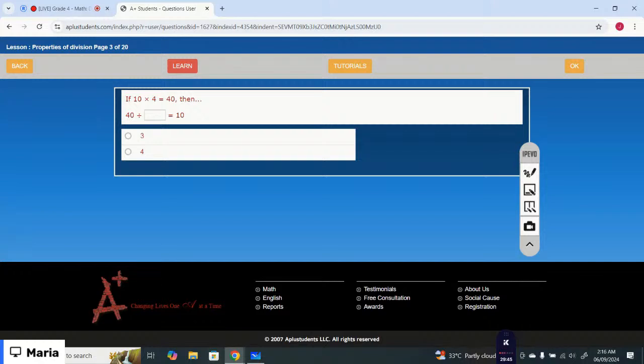If 10 times 4 is 40, then 40 divided by what number is 10? Which is the correct option?